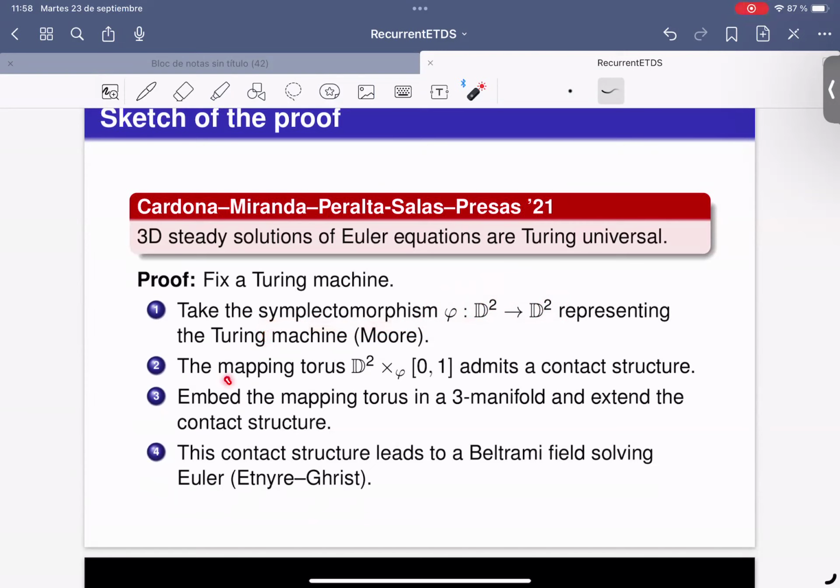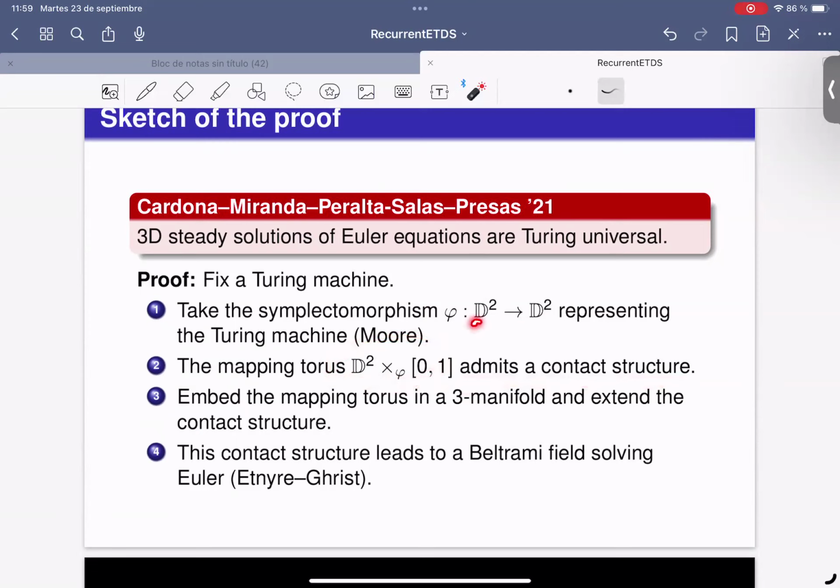Now I consider the mapping torus, as I said before. And in the mapping torus I get a new dynamical system, and the zero section is a Poincaré section, and the return map is literally phi. So this mapping torus is good because it's part of the data that I want, and it actually admits a contact structure. Why?